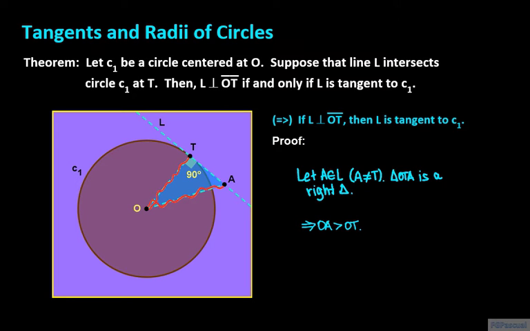So indeed the distance between A and O is greater than the radius OT, so that A is outside the circle. Hence, the only point of intersection between L and the circle is the point T, and therefore L is tangent to the circle.